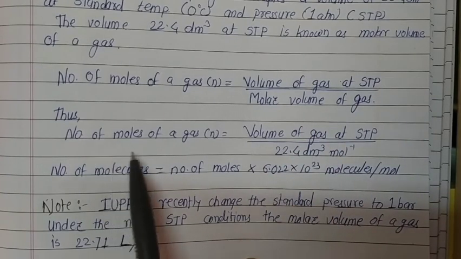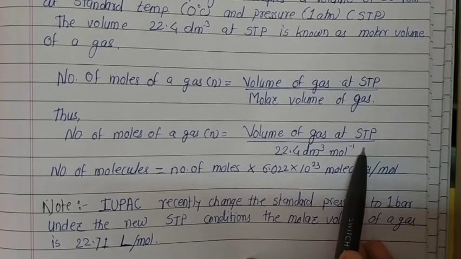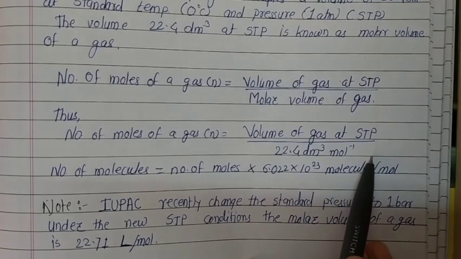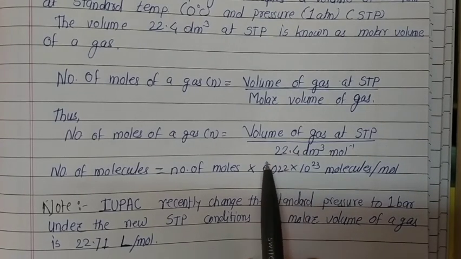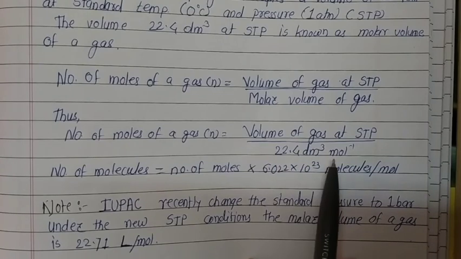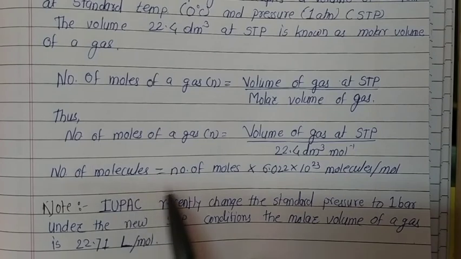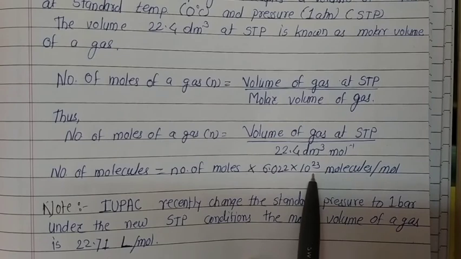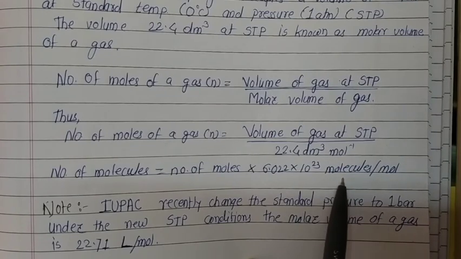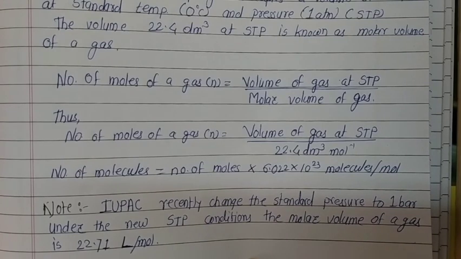Thus, the number of moles of gas n is equal to the volume of gas at STP divided by the molar volume, 22.4 dm³ mol^-1. Now the number of molecules is equal to the number of moles times 6.022 × 10^23 molecules per mole. 6.022 × 10^23 is Avogadro's number.